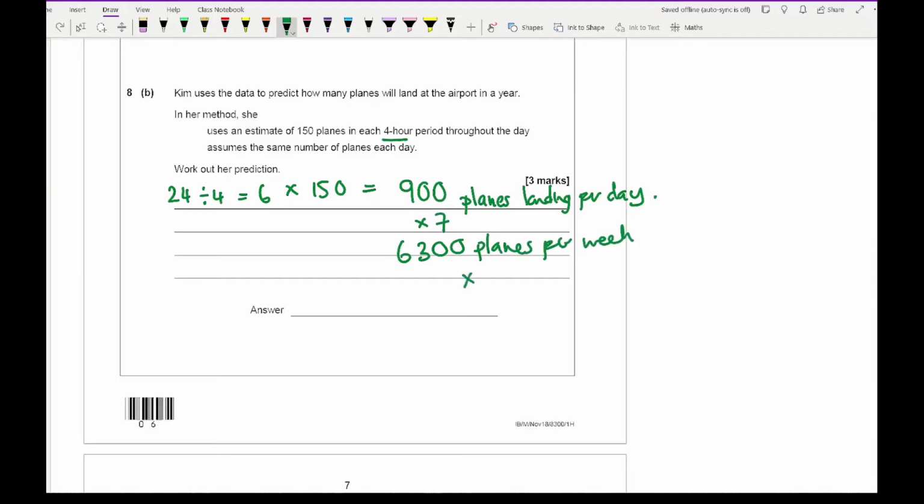And then if I multiply that by 52, so I've got 6,300 multiplied by 52, you can do this in several ways. You can do the column way, you can do the grid way, but again what it should have is an answer of 327,600 planes. So something along those lines would be absolutely fine.